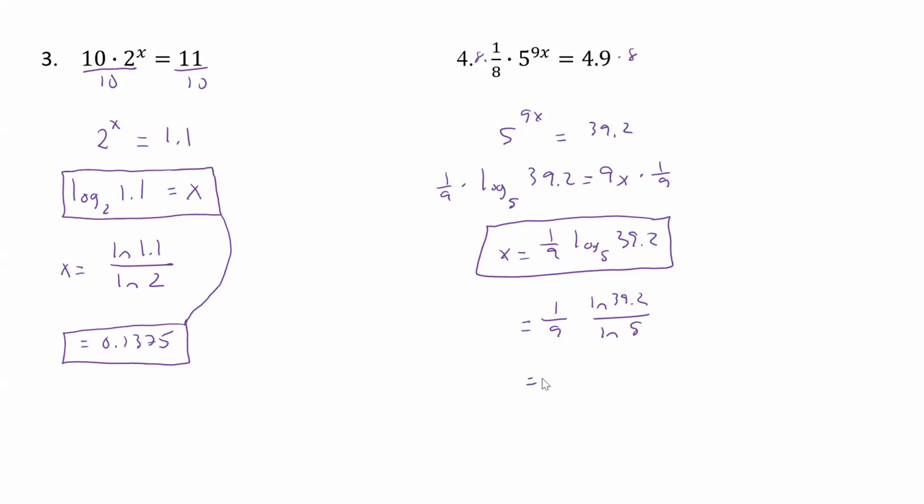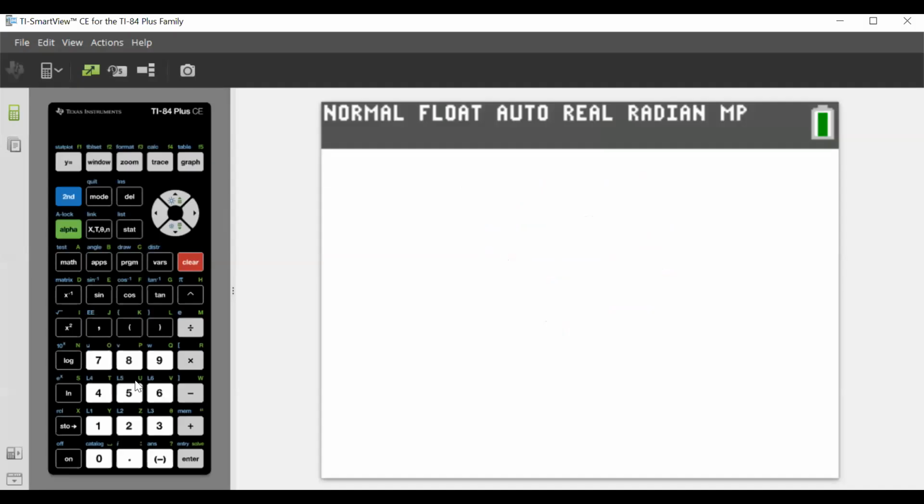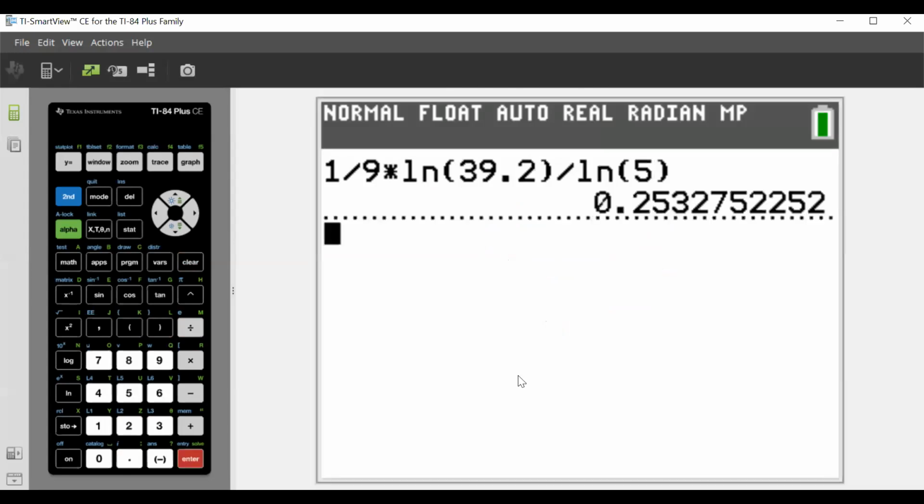And so if I go do that, all right, so it was 1 divided by 9 times the ln of 39.2 divided by the ln of 5. And I get 0.2532, but that 7 rounds that up to a 3, so 0.2533.